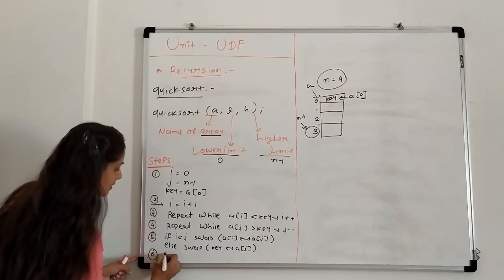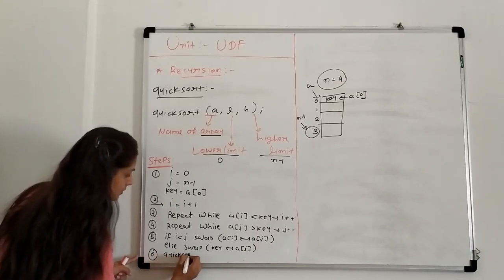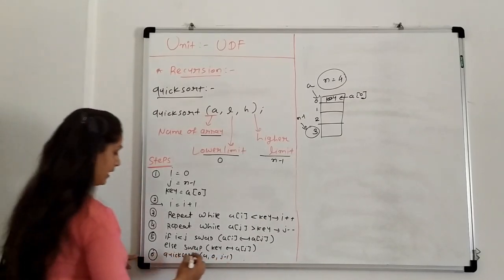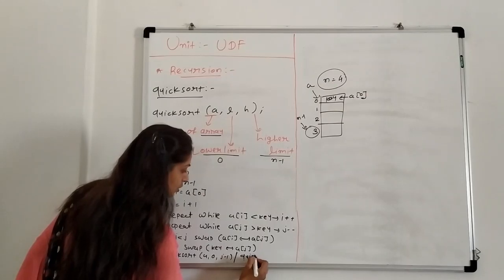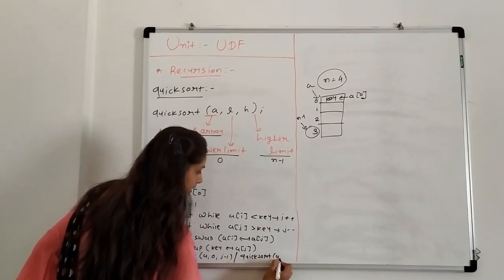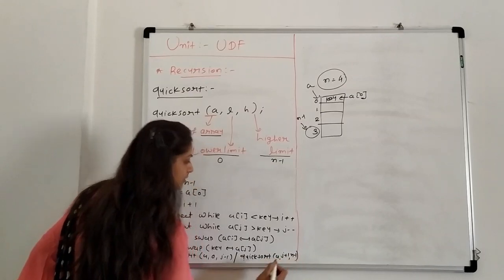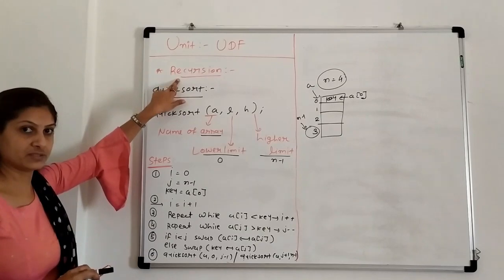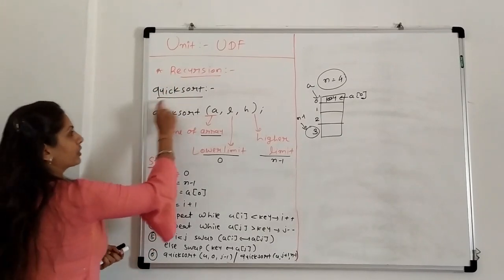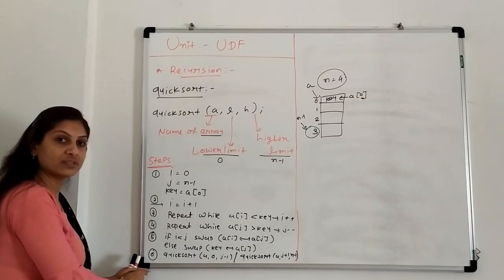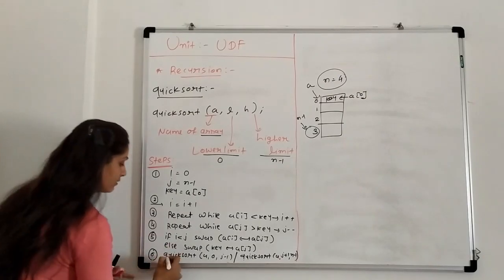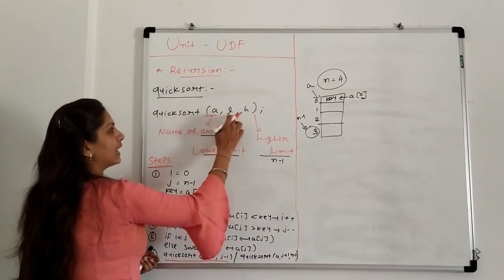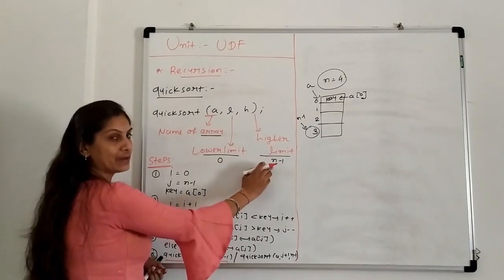And the sixth step is quicksort(a, l, j minus 1), and again quicksort(a, j plus 1, h). So quicksort is a concept of recursion first. How? Because in this function we have to execute these steps, and the last step is nothing but the function calling itself. Here first we call with 3 arguments a, l, h, that is a, 0 and n minus 1.